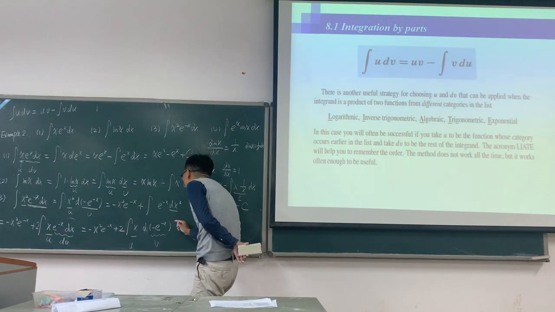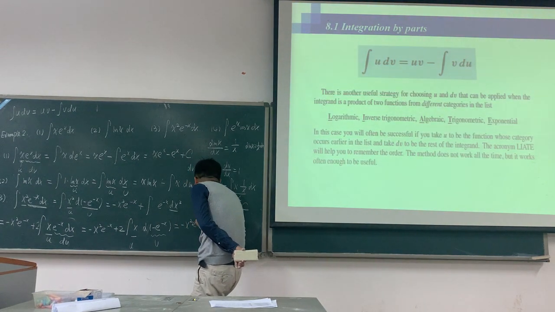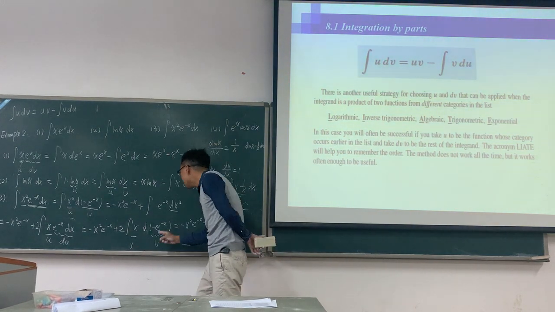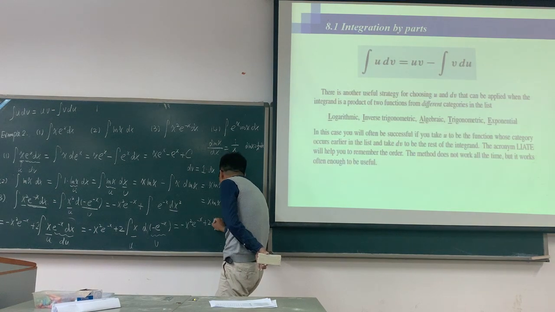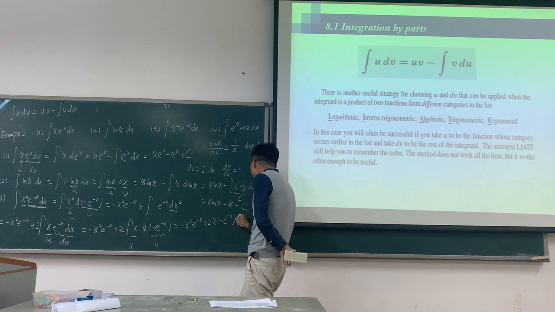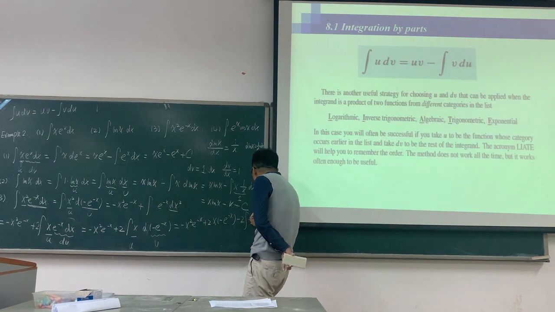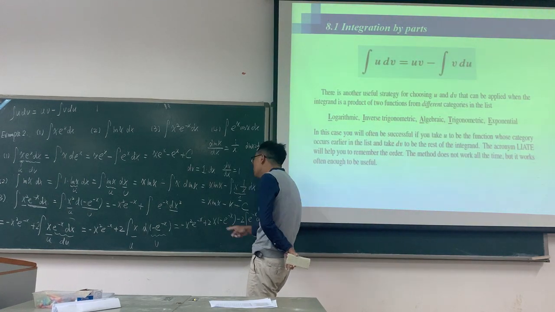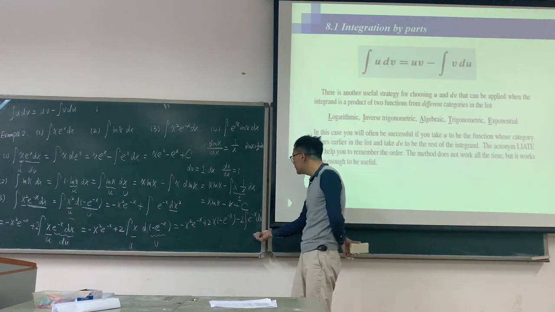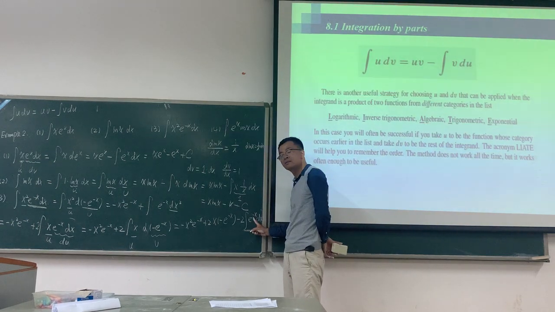So it equals minus x squared e to the minus x, plus 2 times u times v, where u is x and v is minus e to the minus x, and minus 2 times the integral of v du, where v is e to the minus x and u is x. So we just need to compute the antiderivative of e to the minus x.